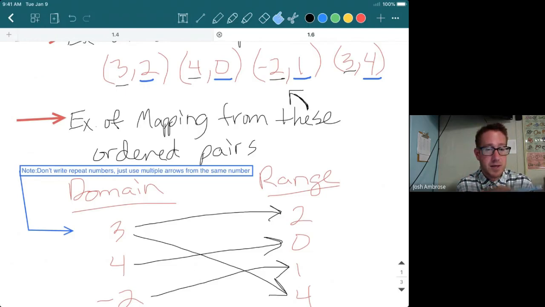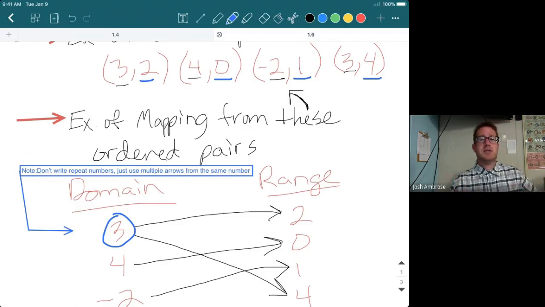So if you look back at those original ordered pairs, you see how the number 3 repeats itself, the first 3, and then in the last ordered pair, there's another 3. They're both domains, but I only need to write the number 3 one time. You'll see it right here. I only wrote the number 3 once. However, finish the sentence there: just use multiple arrows from that same number.